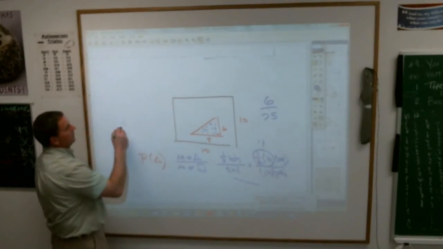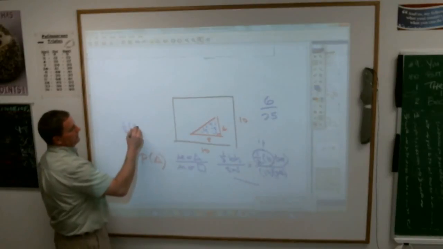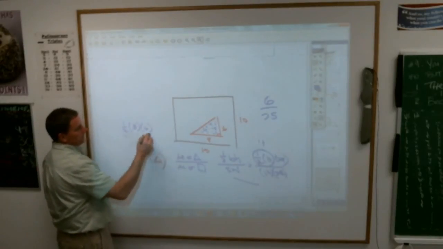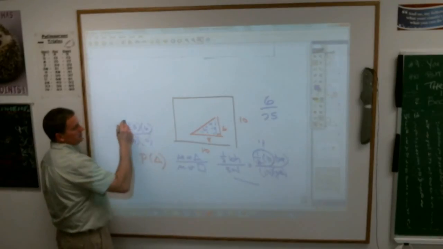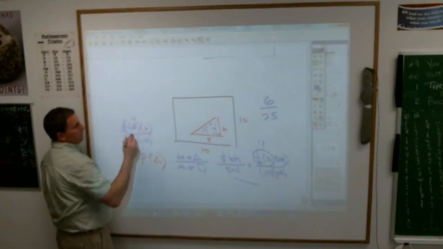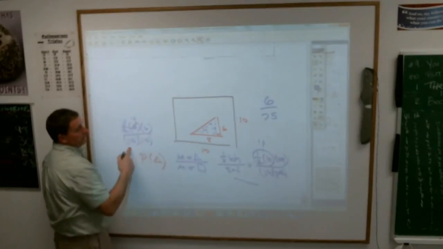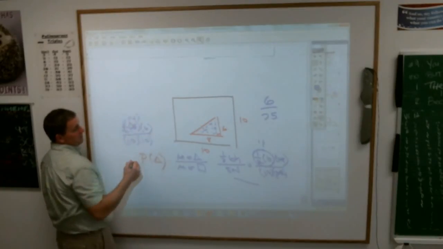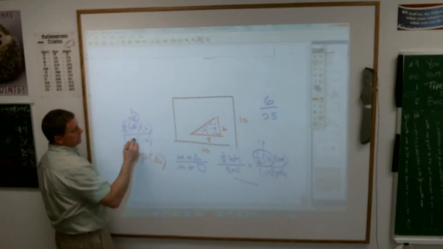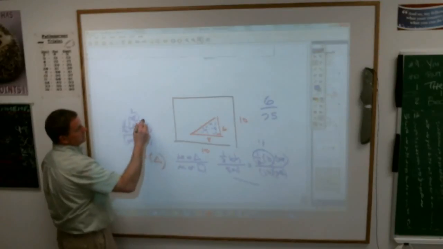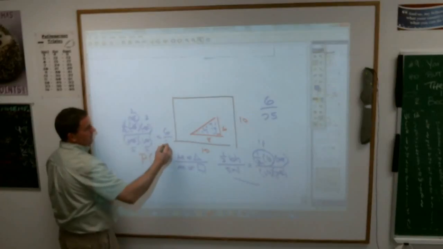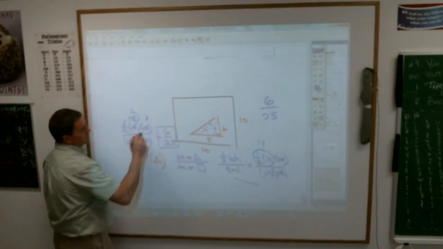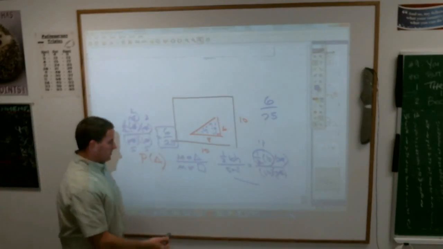Hold on a second. 1/2 of 8 times 6 over 10 times 10. Now let's do half first. Half of 8 is 4. So you end up with 24 over 100, but you could cross out some stuff. 2 goes into 4 twice, 2 goes into 10 5 times, 2 goes into 6 3 times, 2 goes into 10 5 times. You get 6 over 25. That's your probability. That's not that hard, is it?